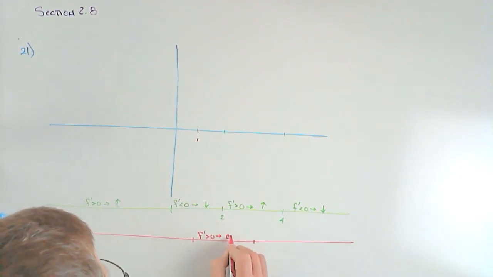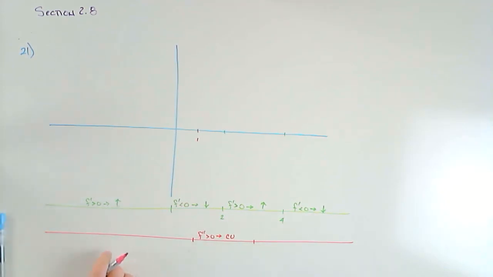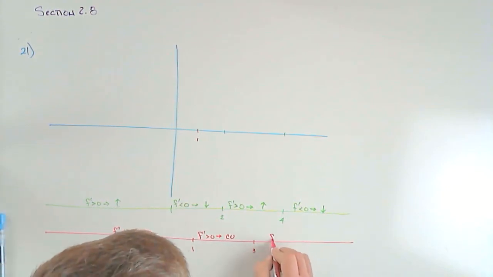That means concave up. It says f double prime is less than 0 if x is less than 1 or greater than 3, and f double prime less than 0 means concave down.